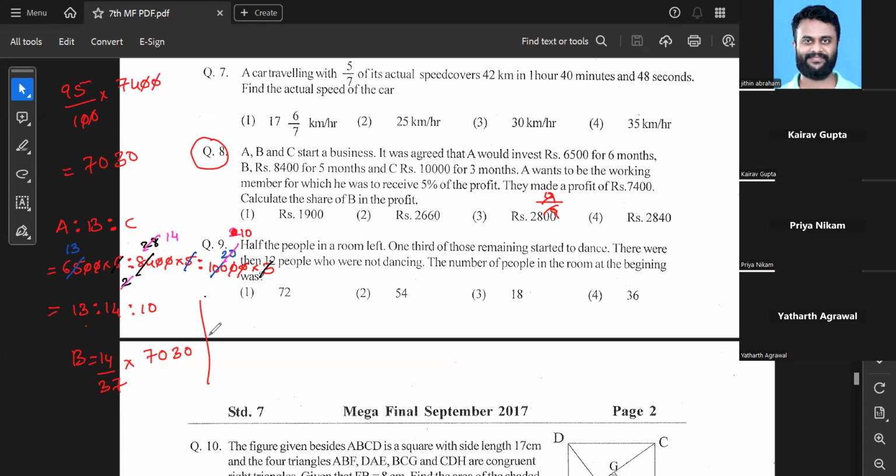So your answer should be, when you cancel this, you'll get 190. When you multiply it by 14, you should get B's value to be 2660. That's your answer.